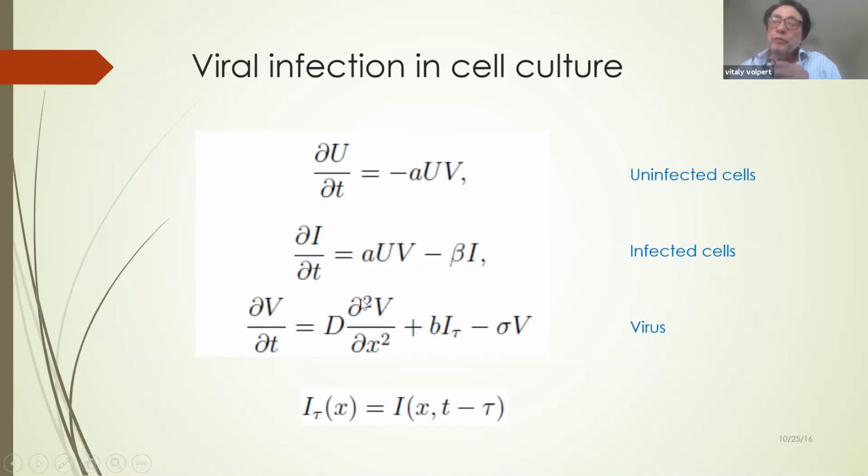The diffusion term is there because virus can diffuse in the extracellular space. The second term is virus production by infected cells. And this tau corresponds to time delay. So in fact, we have here a delay equation for virus production, and virus can also die.